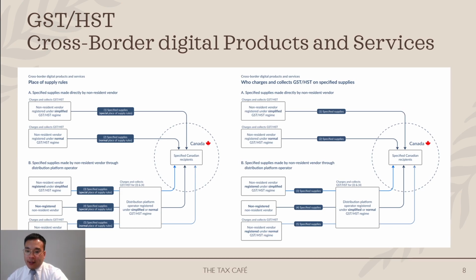But let's say you're a third-party vendor that's using these platform websites, and you provide your GST and HST numbers, then you're not really considered as making sales through B2C. It is actually B2B, so it'll be excluded from the calculation of the $30,000 threshold.